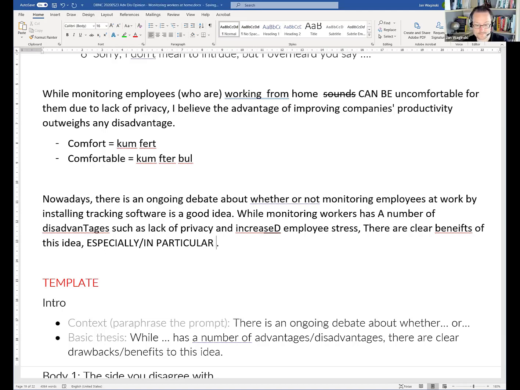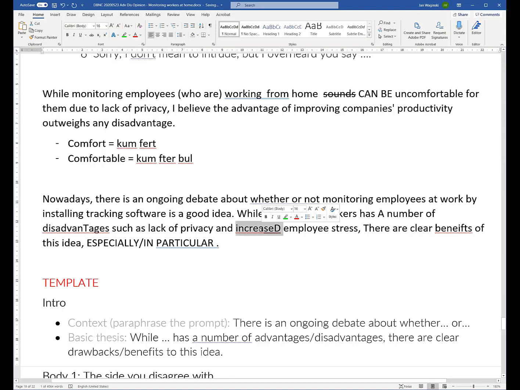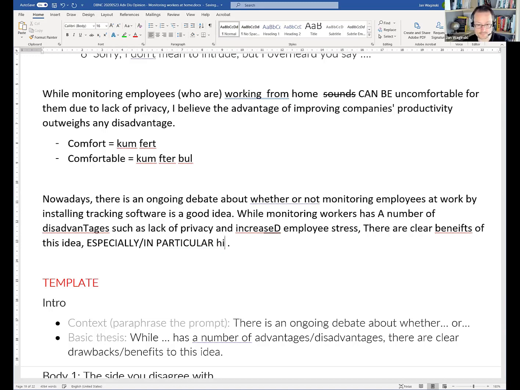Especially. So we've got increased here. What's a synonym for increased? Rising work productivity. Growing, or simply higher. Oh, yeah. Or greater worker productivity.